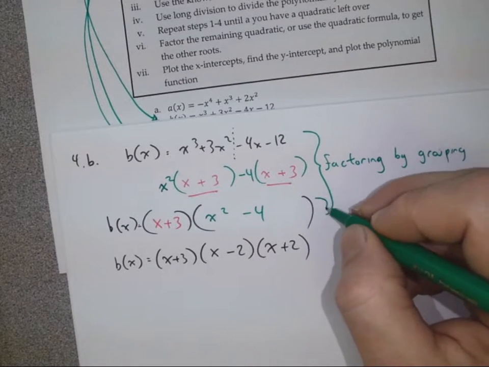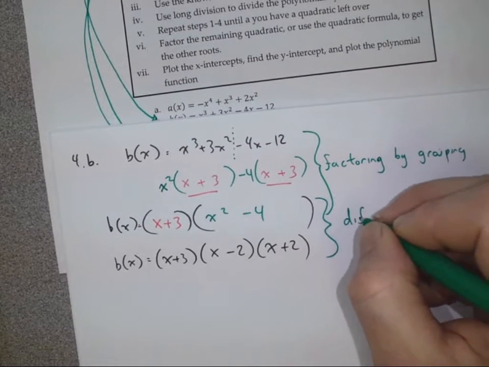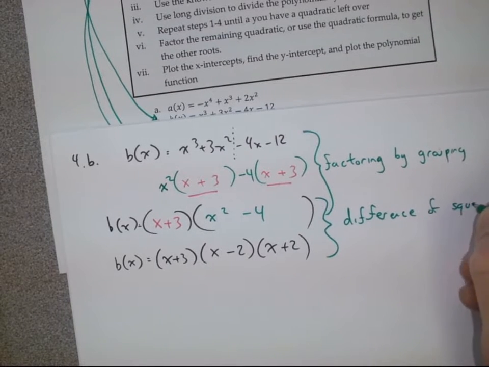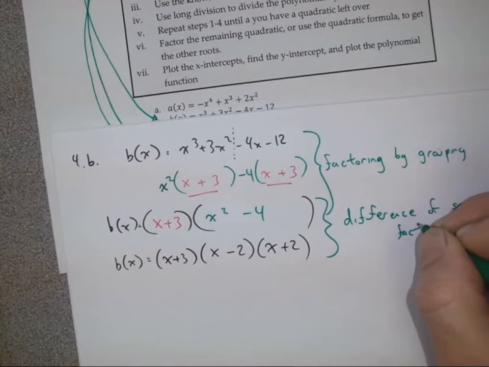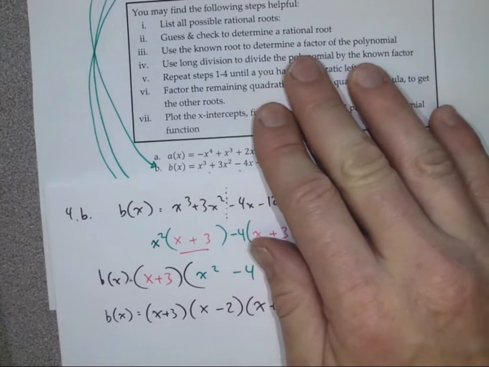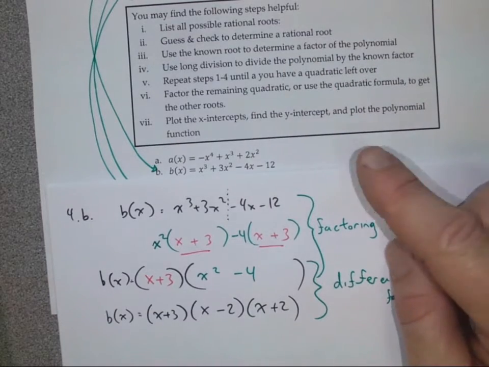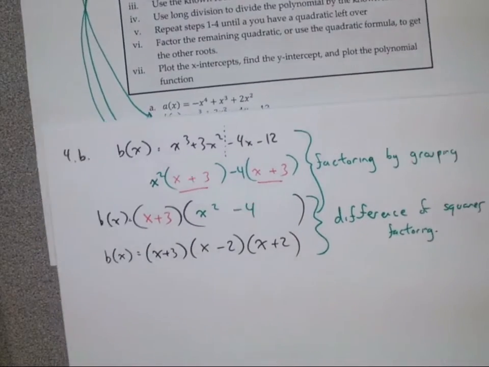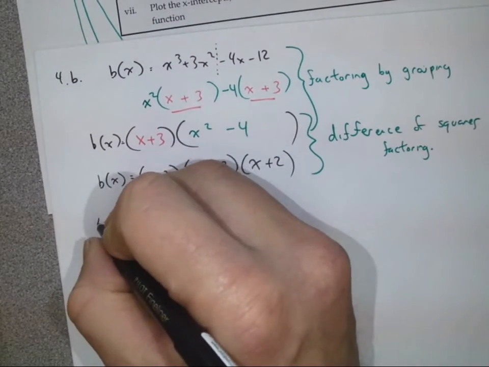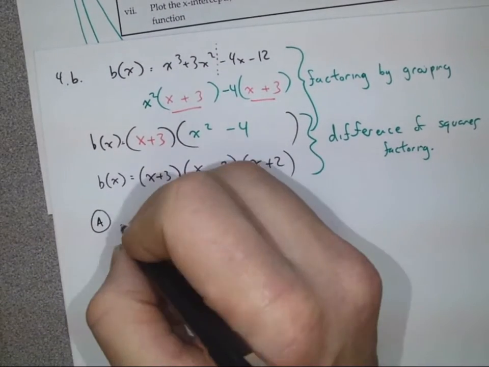And that is difference of squares factoring. So for 2 questions in a row, we got away with murder, kind of. We got away without having to do all of those factoring steps. So that's nice. Okay, so now we can move on to sketching, because we have a nice factored form.